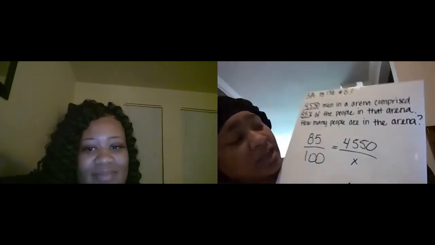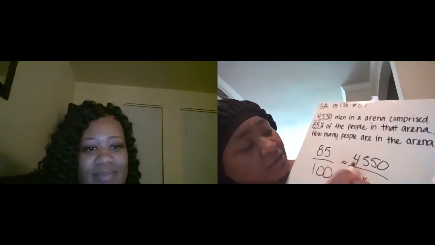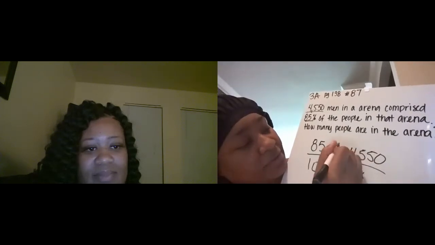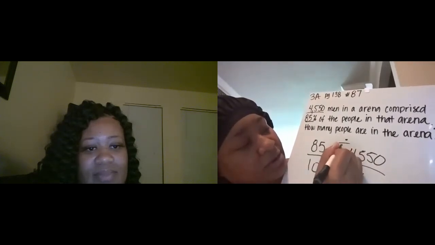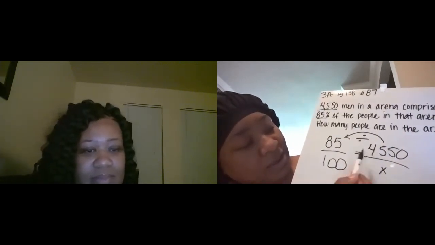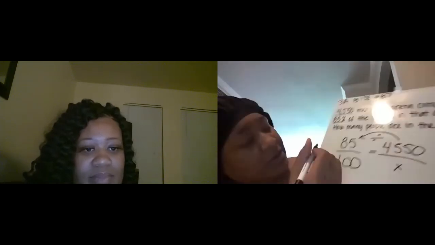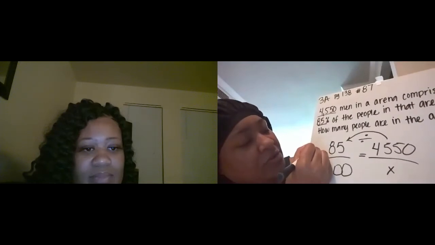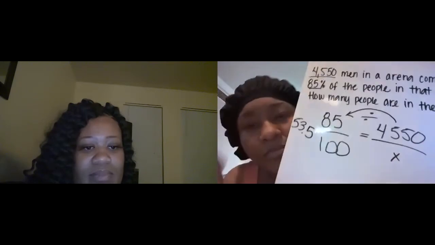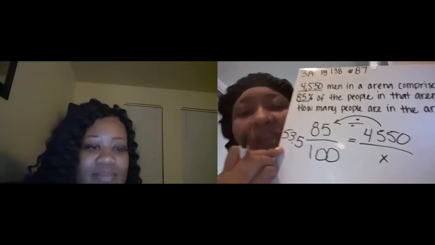So in order to get X, we must divide. We're going to divide this number, 4,550, by 85. When you divide 4,550 by 85, you get 53.5. You see that? It looks like 53.5. Hopefully it's not too ugly.